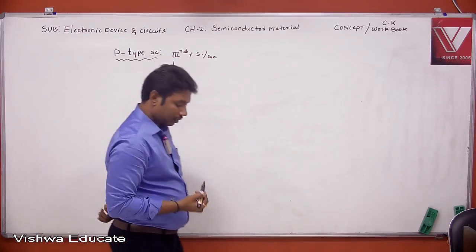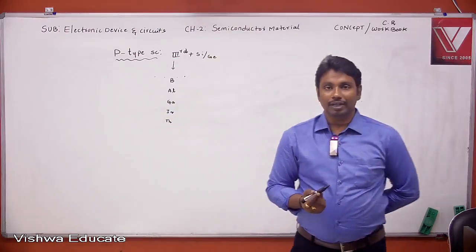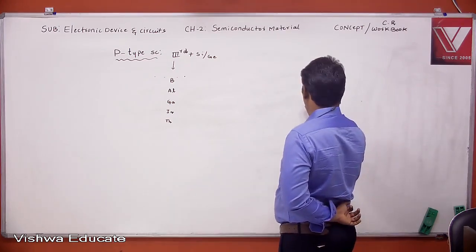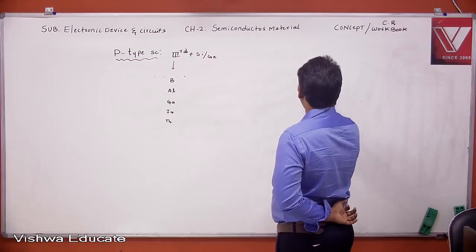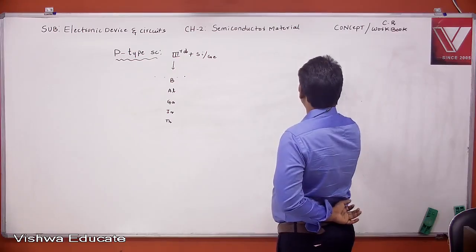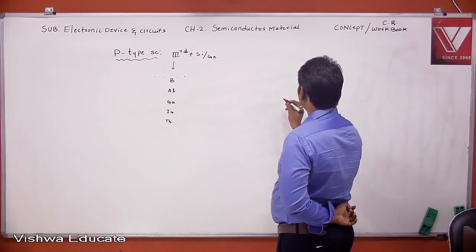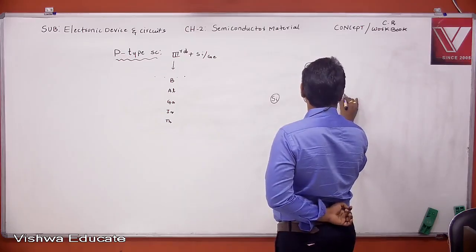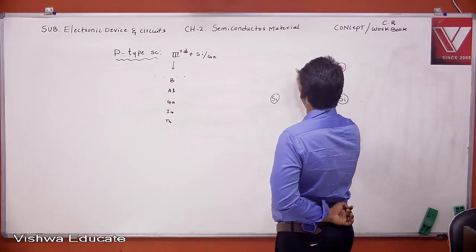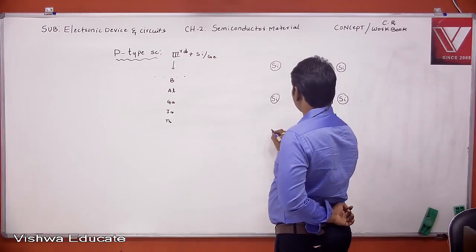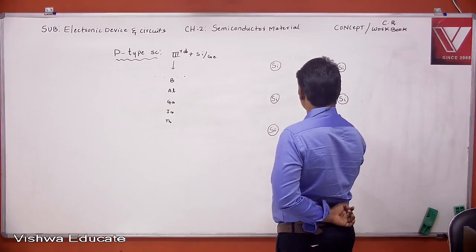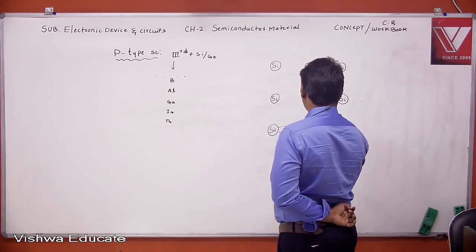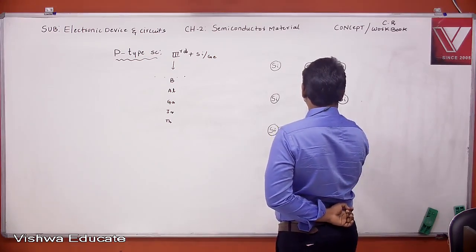Write down. P-type semiconductor is formed by adding trivalent impurities to the pure form of semiconductor like silicon or germanium.